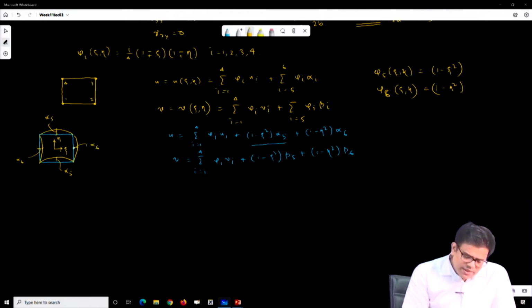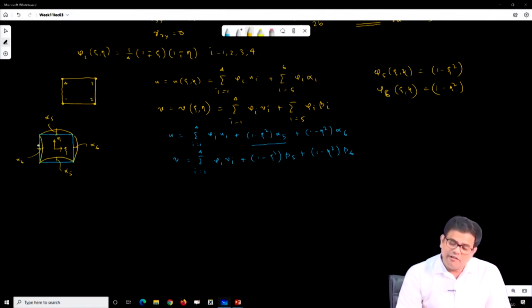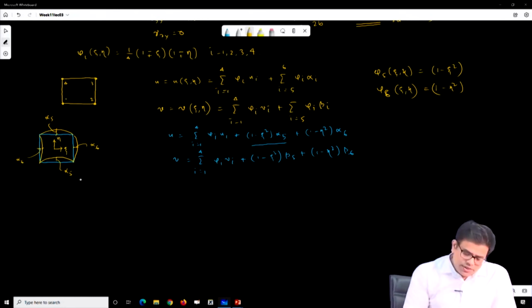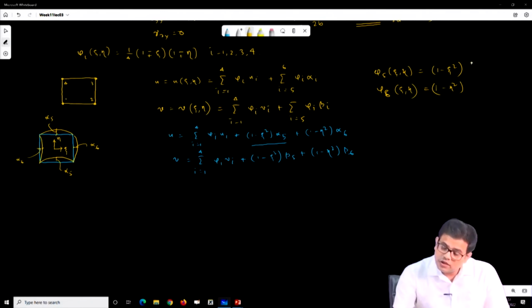So that means the mid point, even though at that point there is no node, this alpha 5 and alpha 6, similarly beta 5 and beta 6, represent V displacement. So this actually creates incompatibility, because consider a neighboring element. These modes are called incompatible modes.